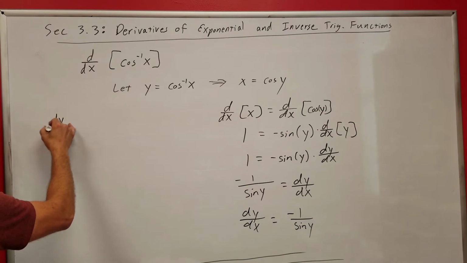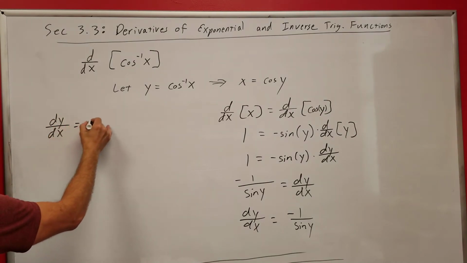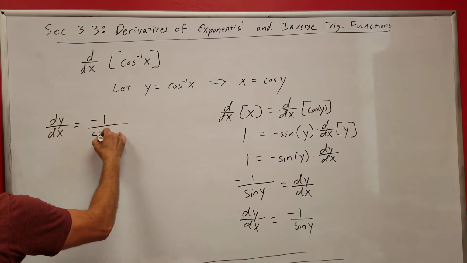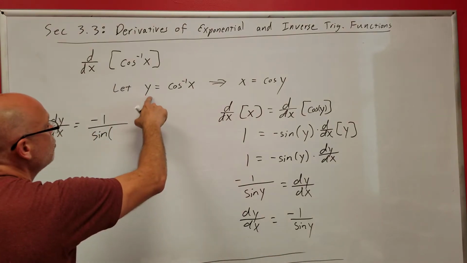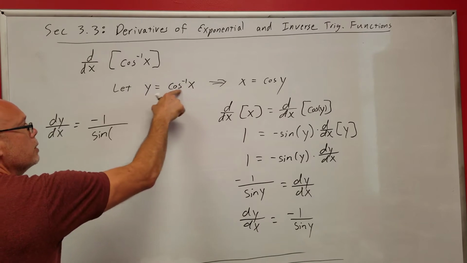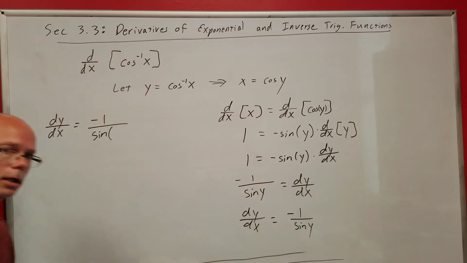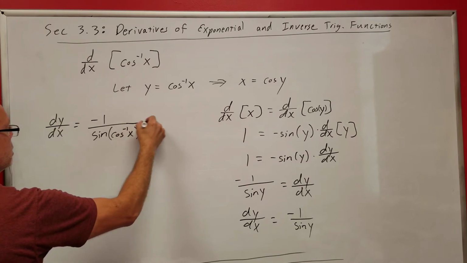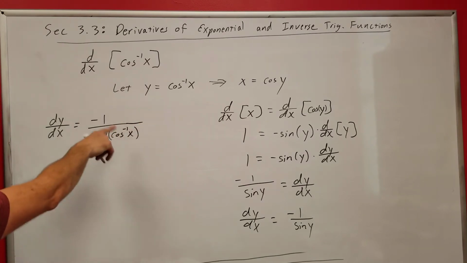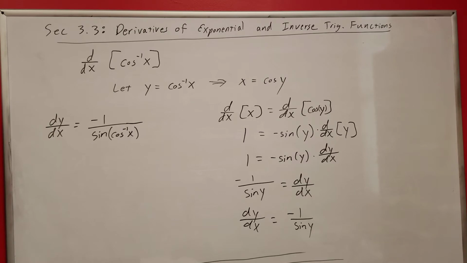But instead of y right here, what did we say y was? Y was the inverse cosine of x. So I can sub that in for y right there: negative 1 over the sine of the inverse cosine of x. Well, that looks like a mess.